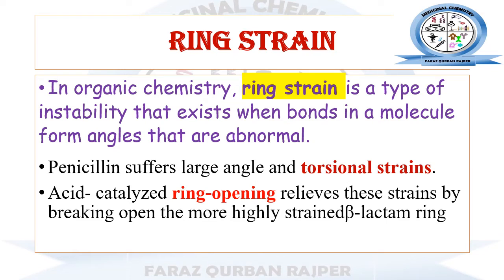In the presence of acidic media, or the gastric acid pH, the beta-lactam ring opening will occur, and by the opening of the ring it is converted into an unstable molecule, meaning its antibacterial activity will be retarded.